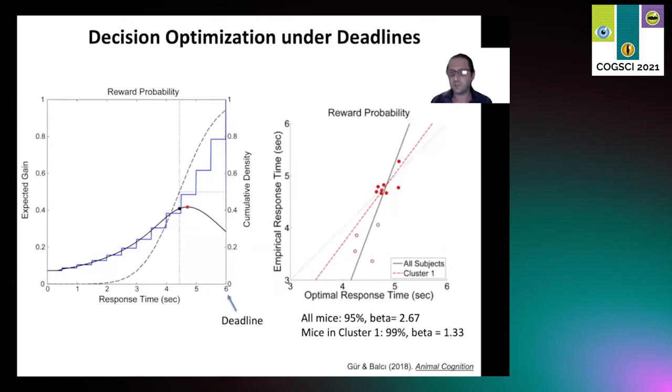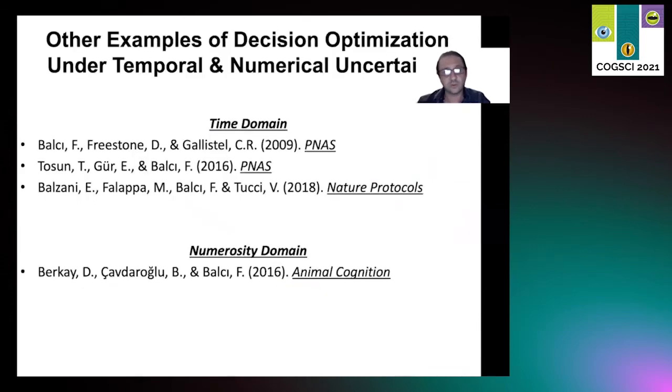We tested mice in a similar task, and here you can see the expected reward rate curve. The red dot denotes the average optimal wait time, and the black curve is the average empirical wait time. As you can see, they are very close, and these mice ensure around 95% of the maximum possible expected gain given the level of their own endogenous timing uncertainty.